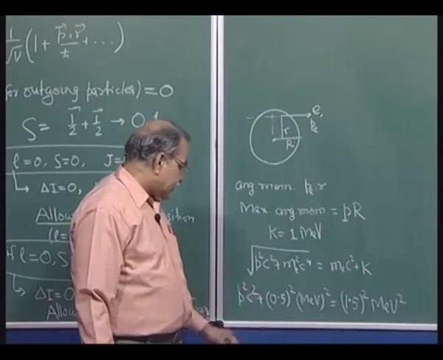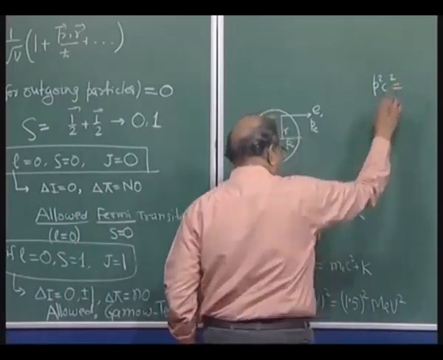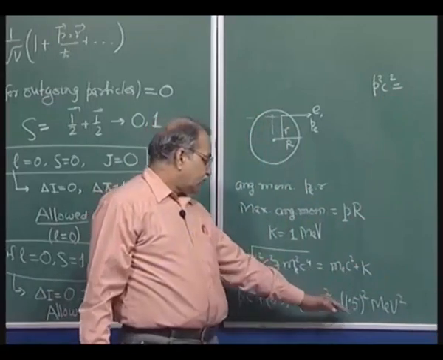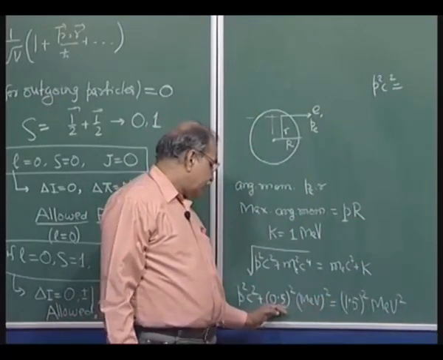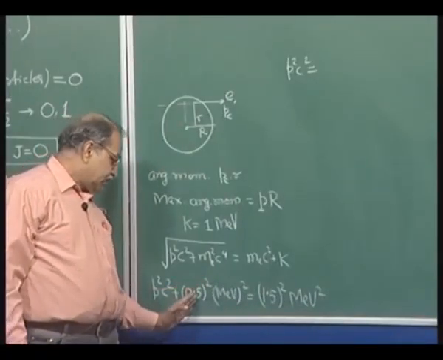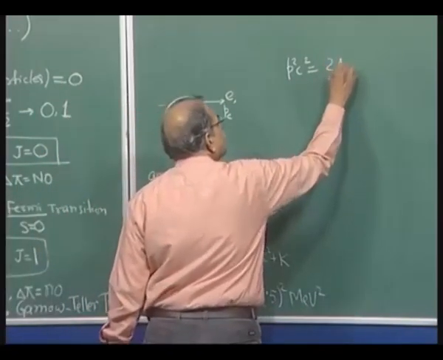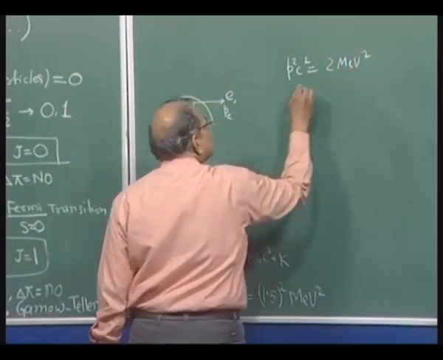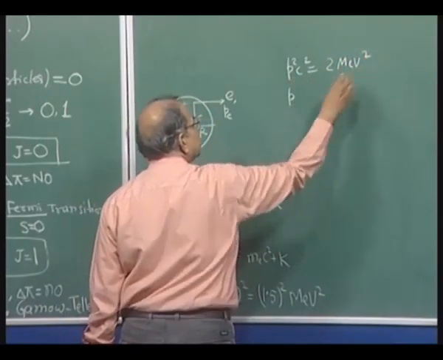So, what is P square C square then? P square C square is equal to 1.5 square, which will be 2.25, and 0.5 square will be 0.25. So, when you subtract, it will be 2. So, it is 2 MeV square. That tells that P square is these many MeV square by C square.